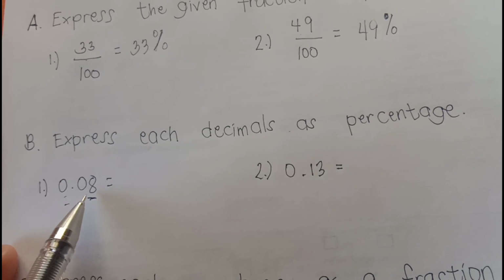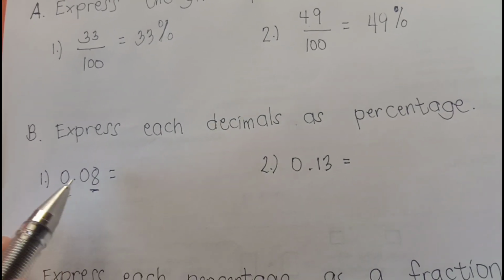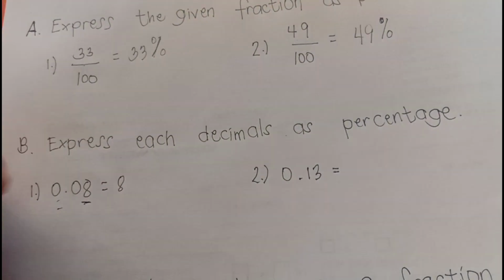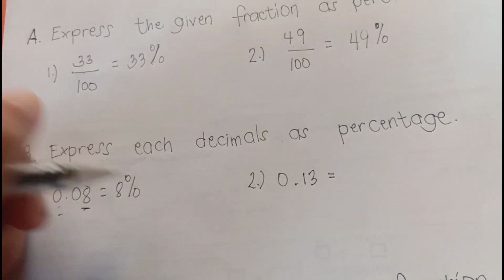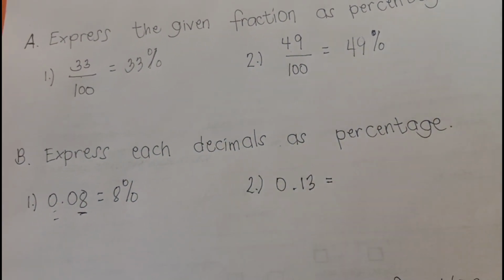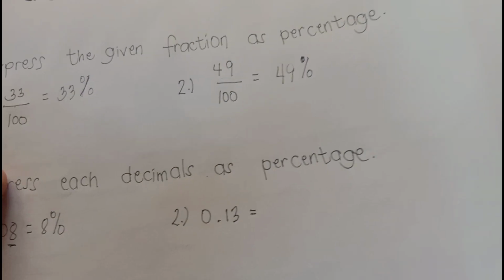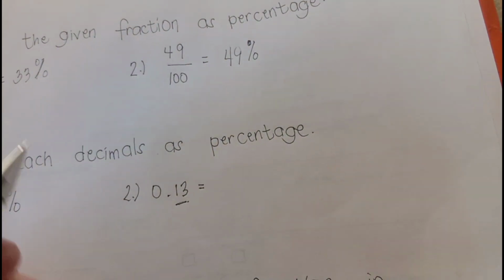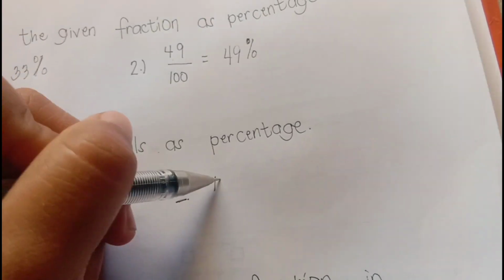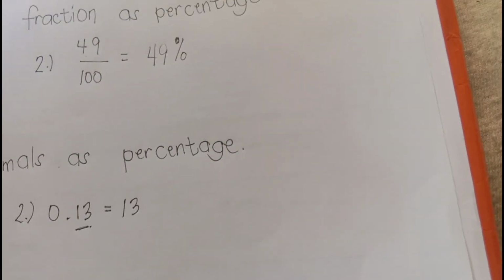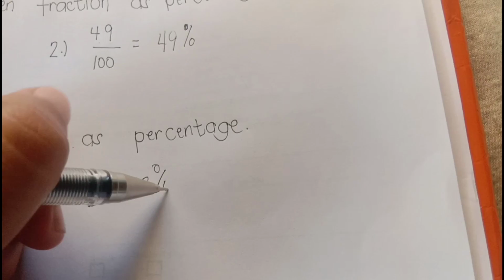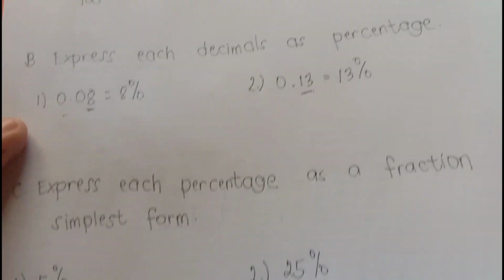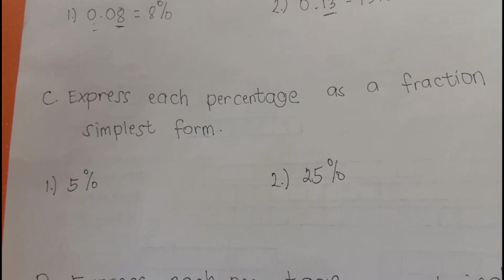This is 8 hundredths, so just copy 8, then put percentage. The same as number 2: just copy these digits. Just copy the 13, then put percentage. That is very easy.